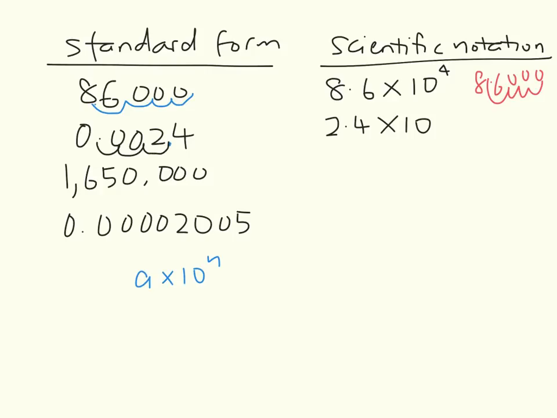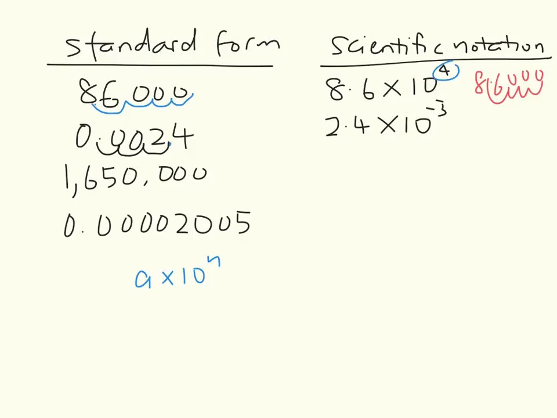So it is 10 to the power of negative 3. Remember, in the second example the number is smaller than 1, so it has to be a negative power. And in the first example, the original number is greater than 1, so it has to be a positive power.